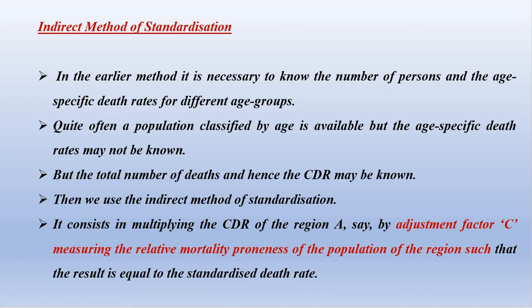Then we use the indirect method of standardization. It consists in multiplying the CDR of the region A, say, by an adjustment factor C, measuring the relative mortality proneness of the population of the region, such that the result is equal to the standardized death rate.